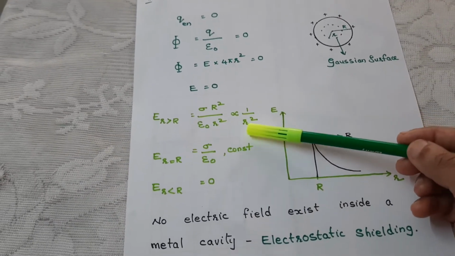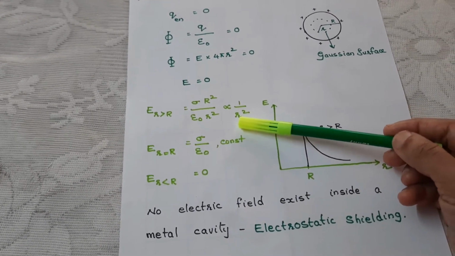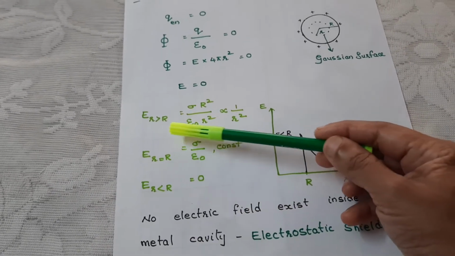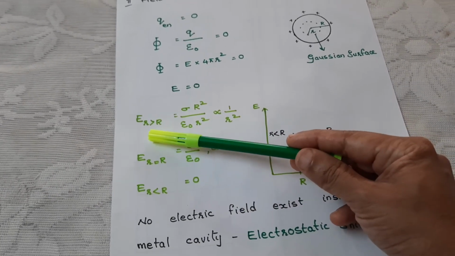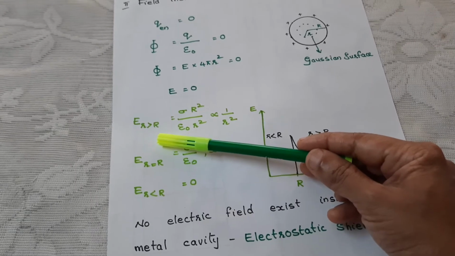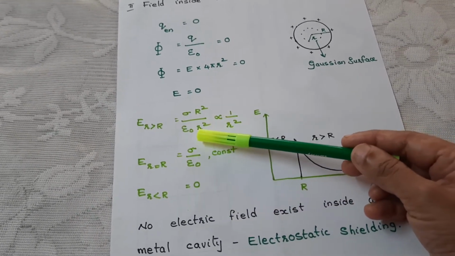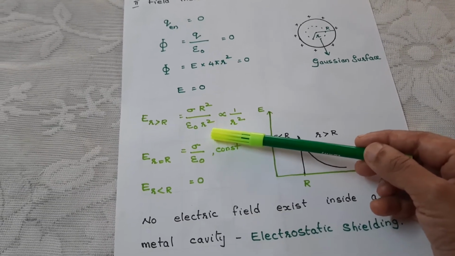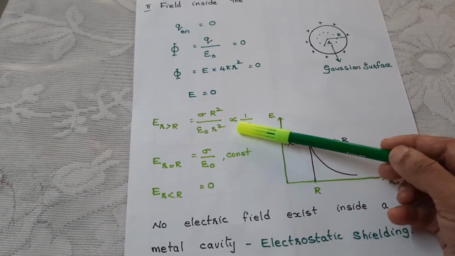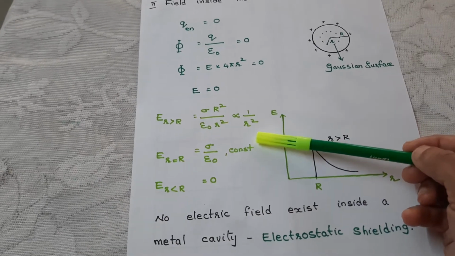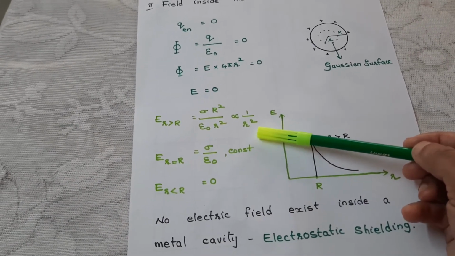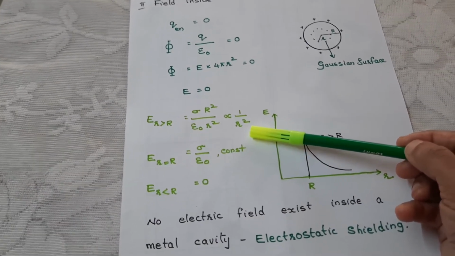So let us conclude. The electric field at a point outside the shell, that is small r greater than capital R, is equal to sigma capital R square by epsilon 0 small r square, or the electric field is proportional to 1 by r square, where r is the distance of the point from the center of the shell.